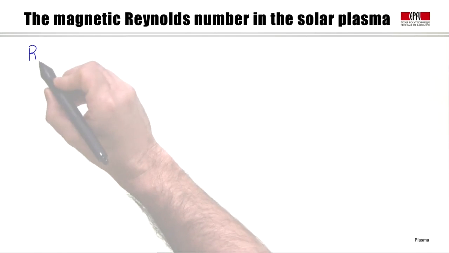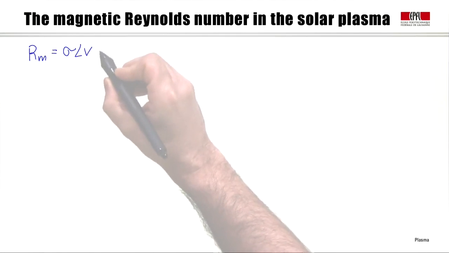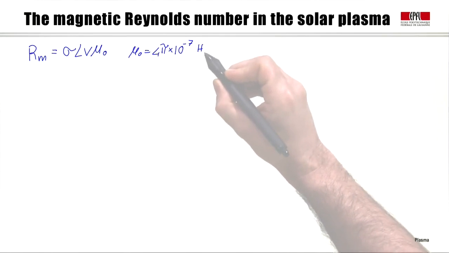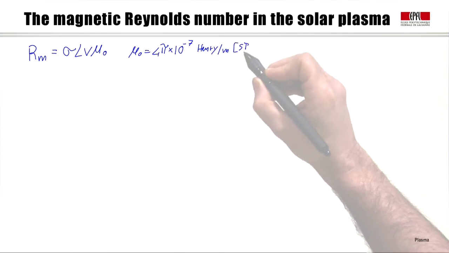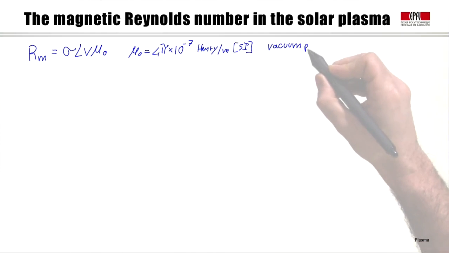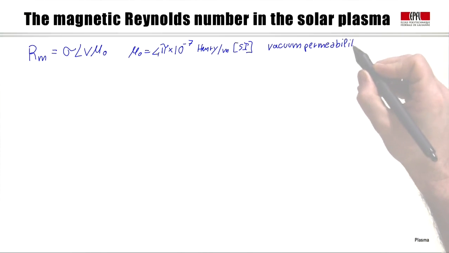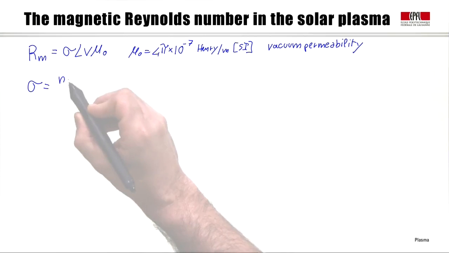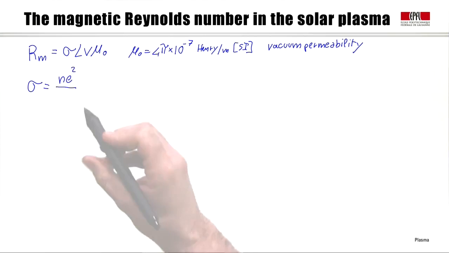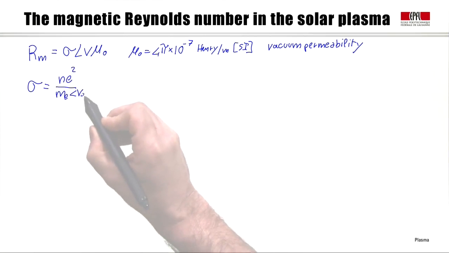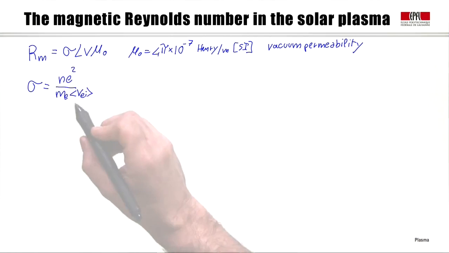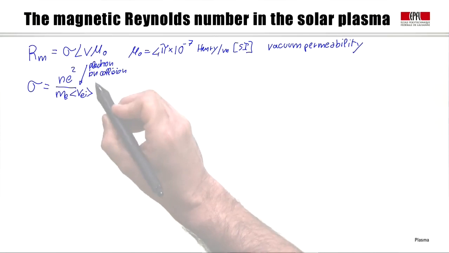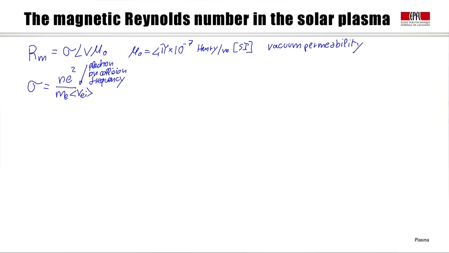Let's now evaluate the magnetic Reynolds number for solar plasmas. In order to do that, we need to recall the value of the vacuum permeability in SI units. We also need to recall the expression of the plasma conductivity that you have derived in the previous module, which is written in this way, and which involves the estimate of the electron-ion collision frequency.